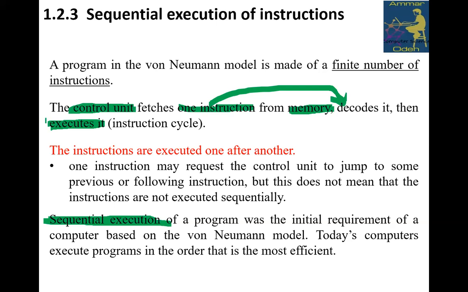So one instruction may request from the control unit to jump to some previous or following instruction. Okay, but this does not mean that instructions are not executed sequentially. Okay, لأنه البروجرام هو بيحكي للكمبيوتر what to do. ففعليا احنا مرات الانستراكشن عندنا ممكن تكون بتخليني ارجع لل previous instruction or the next one. But all in all, this is kind of a sequential process.